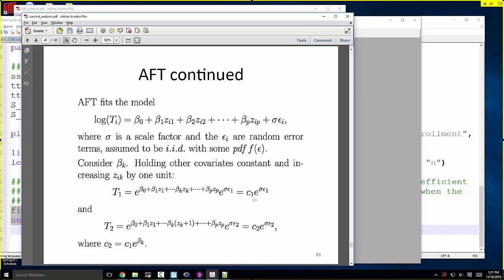The mean survival time at ZK plus 1 is equal to e to the beta k times the survival time at ZK. So e to the beta k is like an acceleration factor of these mean event times, corresponding to a 1 unit increase in ZK, every other variable held constant.